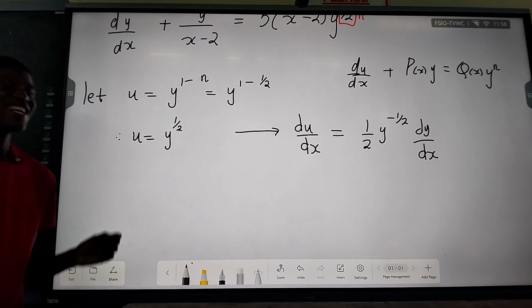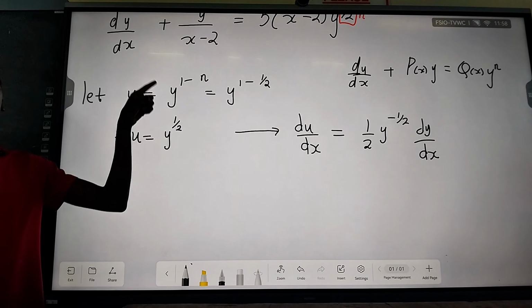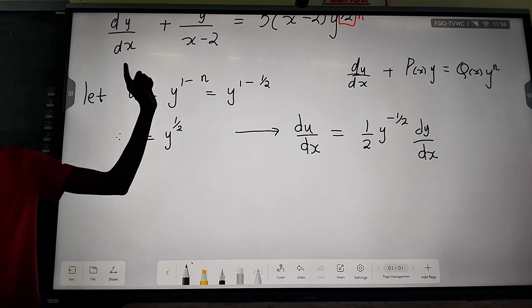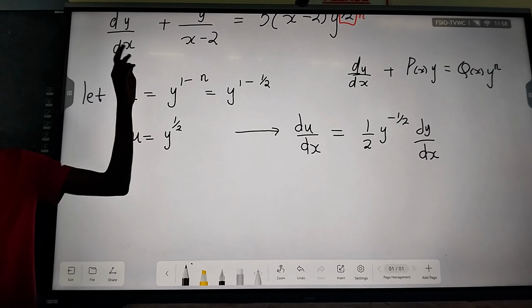Remember what we do here: you let u be y to the power of 1 minus n, where n is the exponent in the non-linear term.